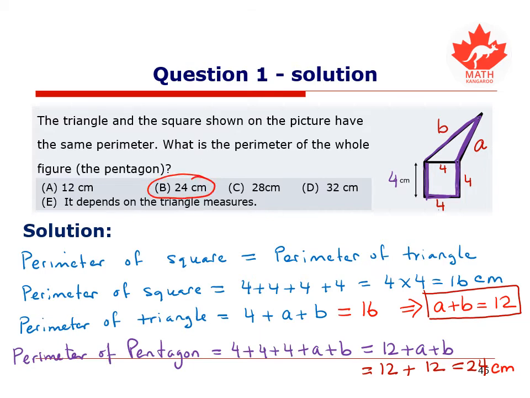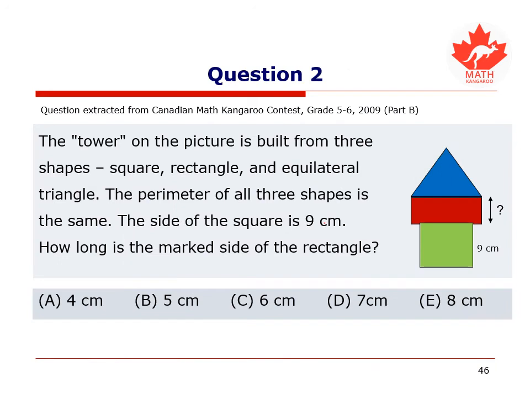Here's our next problem. Question 2. The tower in the picture is built from 3 shapes: a square, a rectangle, and an equilateral triangle. The perimeter of all 3 shapes is the same. The side of the square is 9 centimeters.